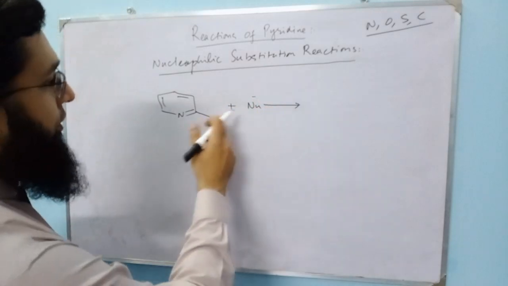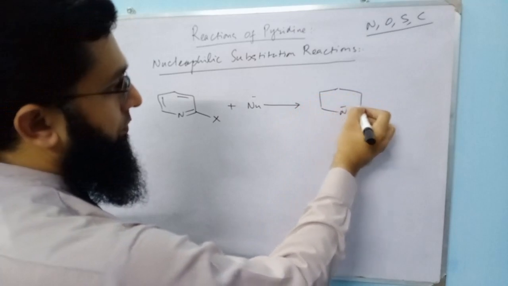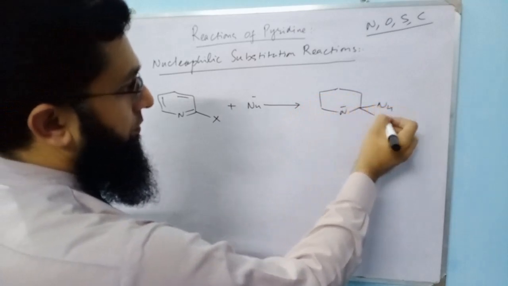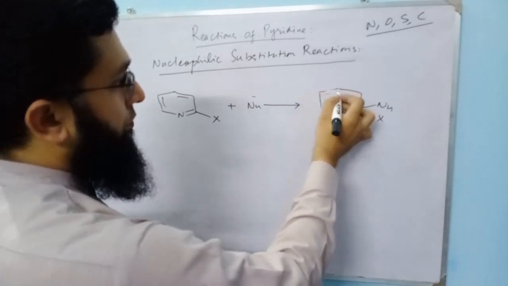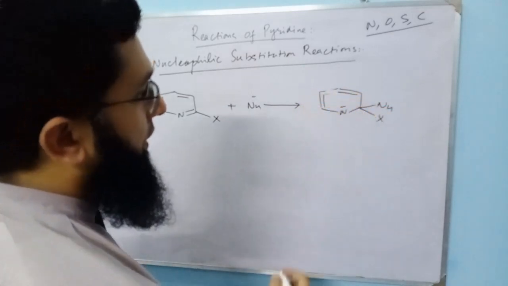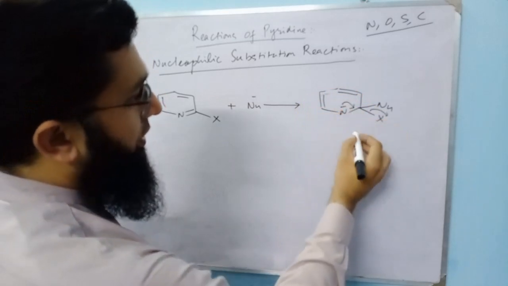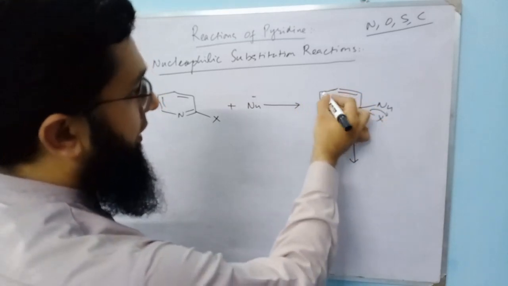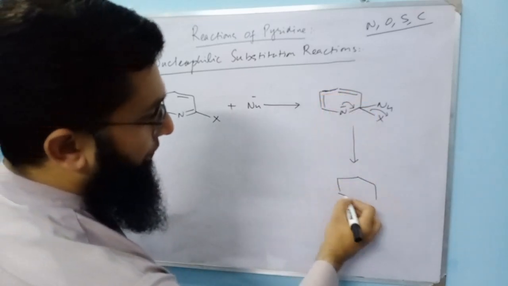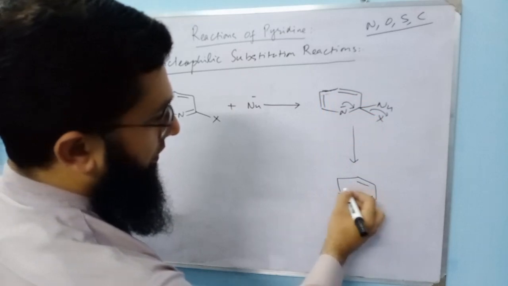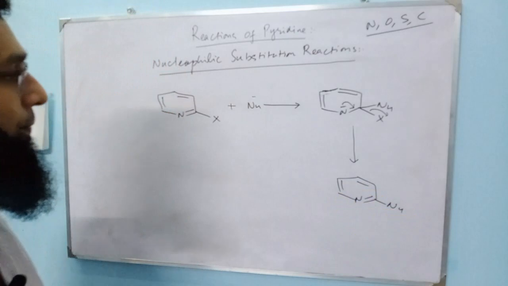So nucleophile would attack here and we will get this one, and nucleophilic substitution reaction takes place via addition elimination process. First nucleophile was added and then X was eliminated, and we get in general 2 substituted product.